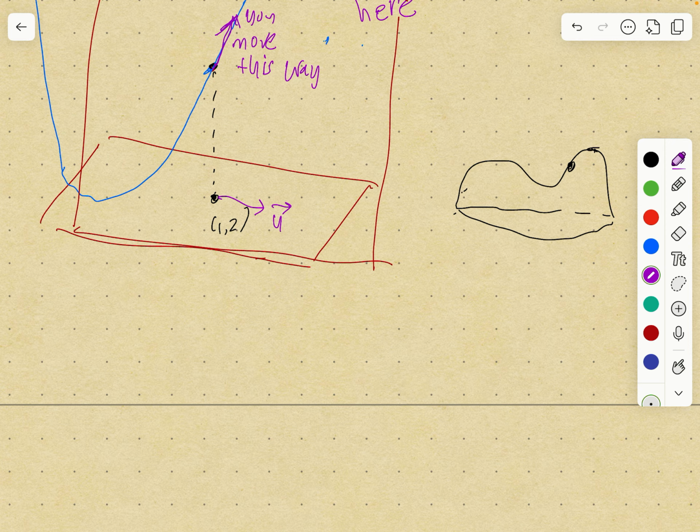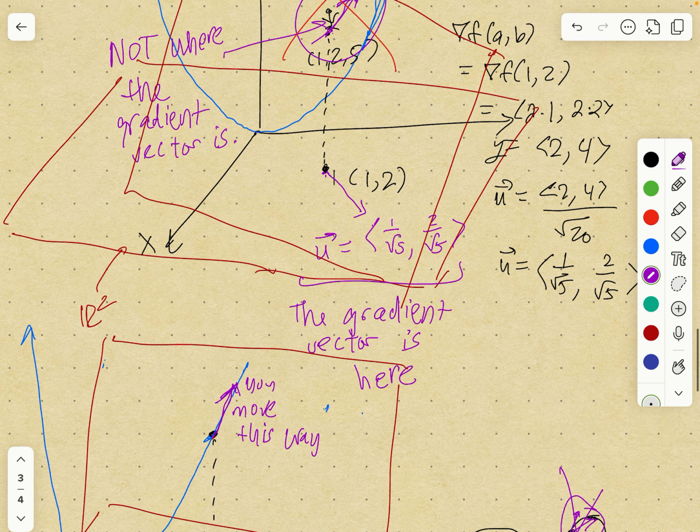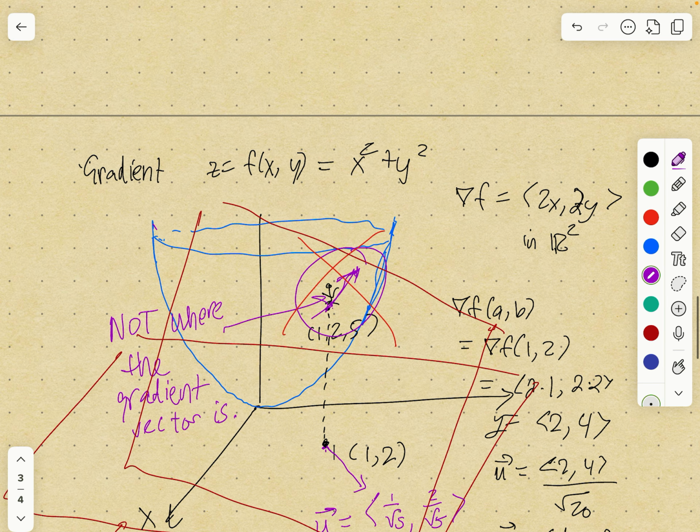It's not pointing to the top of the mountain. It's not pointing perpendicular or parallel or anything like this. That's not where the gradient is. It's in R2. So that's where the gradient is if you use the mountain point of view.